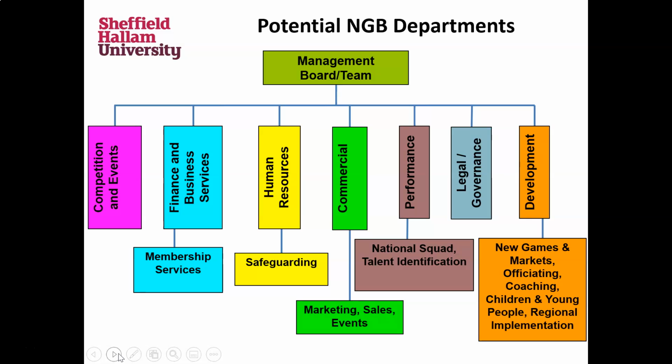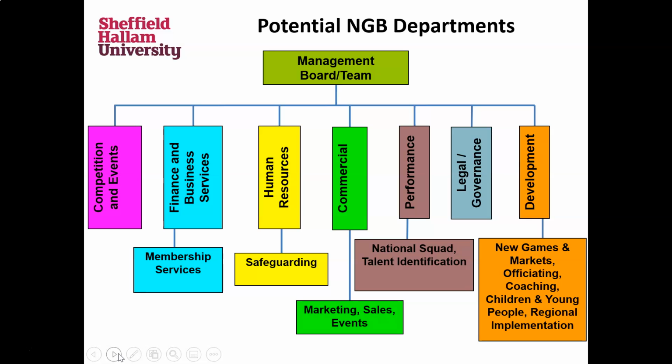A national governing body of sport operates in a different way than a typical business. Whereas a typical business might have a marketing department, an HR department, a finance department, a manufacturing or an operations department, an NGB doesn't look like that.